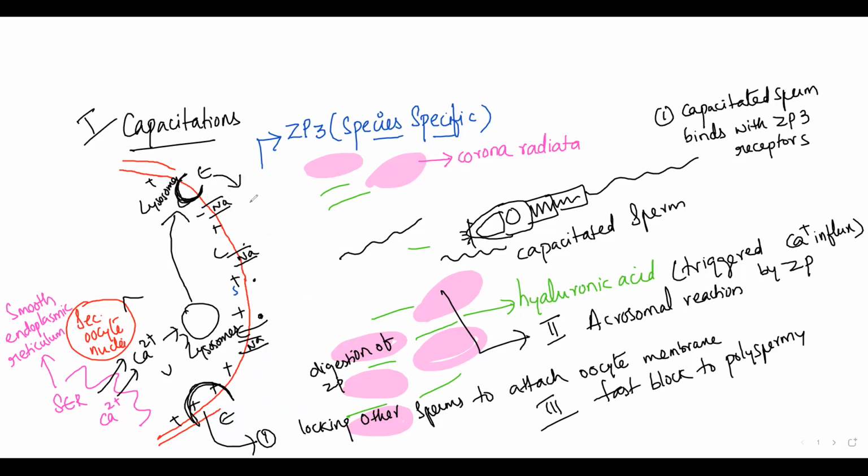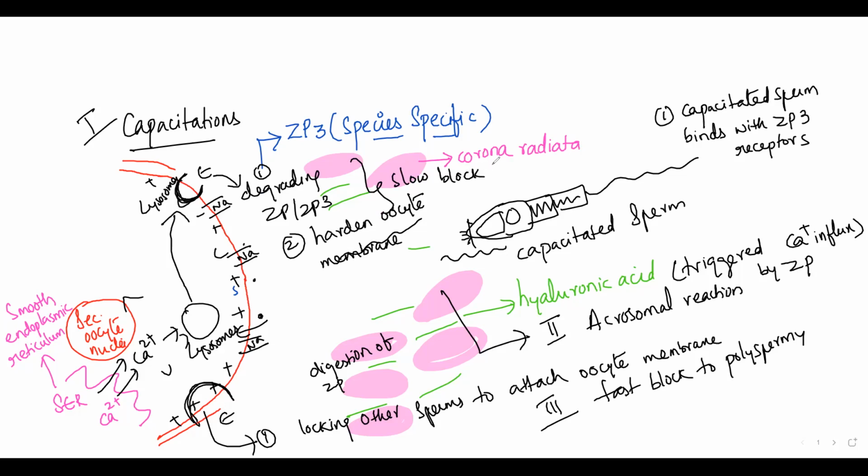They are degrading the zona pellucida receptor proteins. The second thing they are going to do is harden the oocyte membrane. This is going to be the magic. So no more polyspermy. This is called the slow block to polyspermy. So now there will be no sperms entering in.